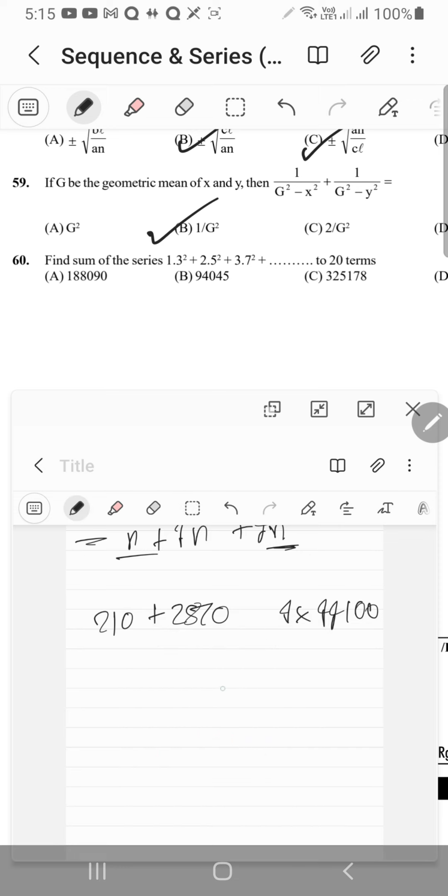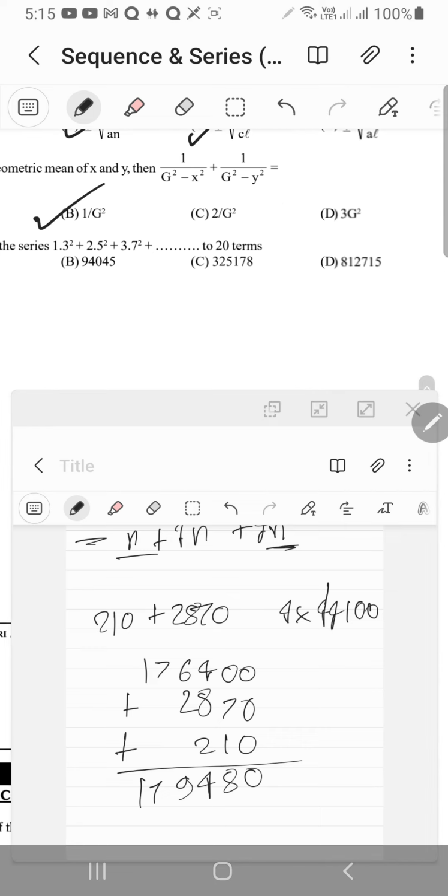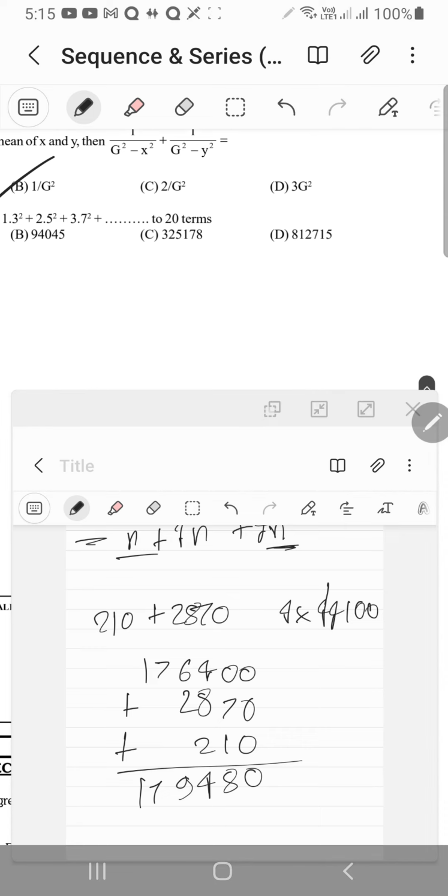And let's see whatever this value is. 0, 0, 4, 6, 1 carried on. 16, so 7. Okay, plus 210. 1 carried on. 9, 7, 1. 179480. Is that somewhere? It's not, as expected.